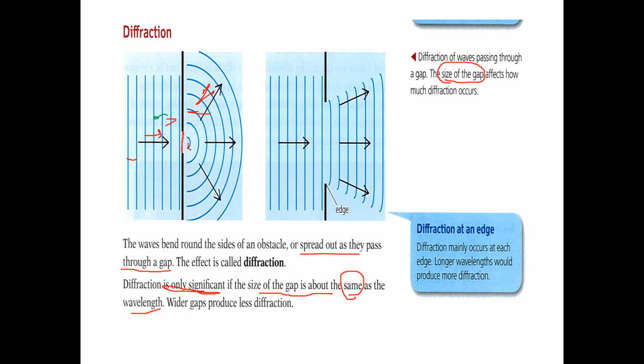The size of the gap is about the same. It's close. It's not the same as the wavelength, but it's close. That's why here the diffraction is showing clearly. But if you compare the size of this gap with the wavelength, you will see they differ a lot. That's why here the waves are not diffracting. They are not showing that much clearly.